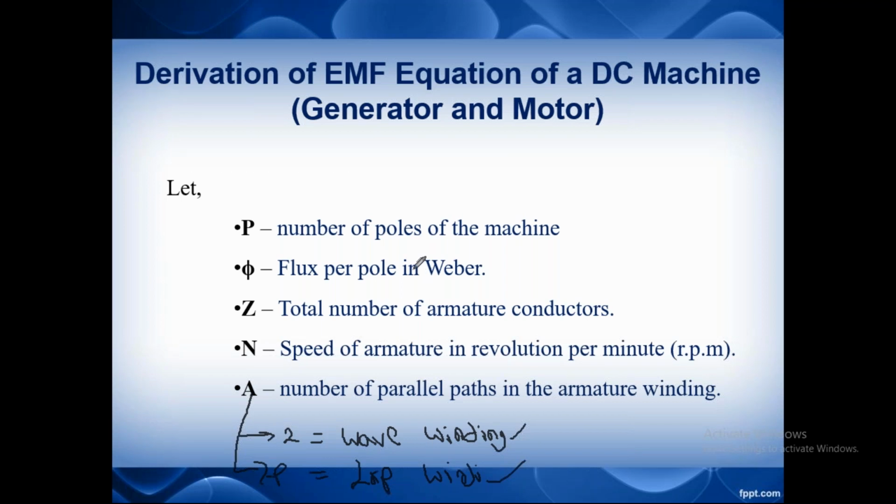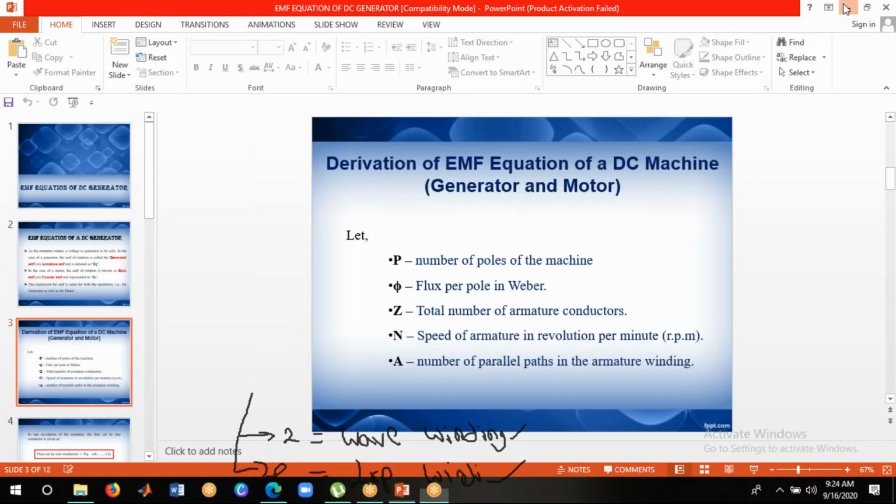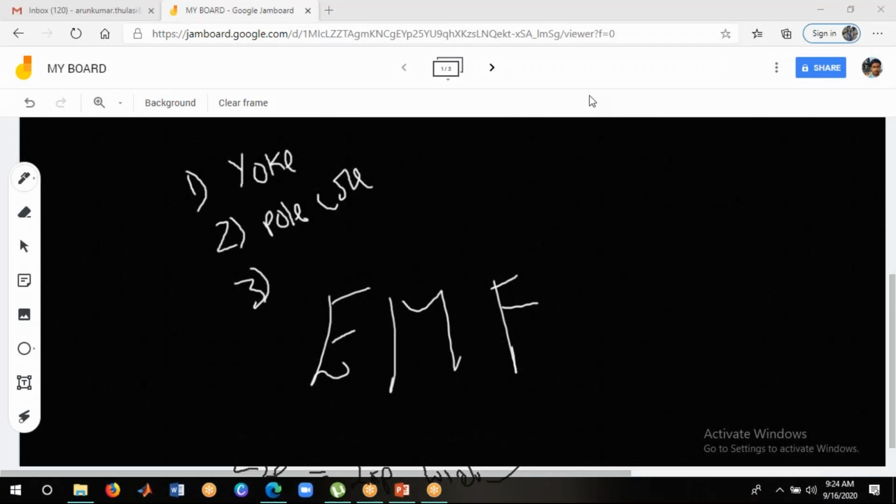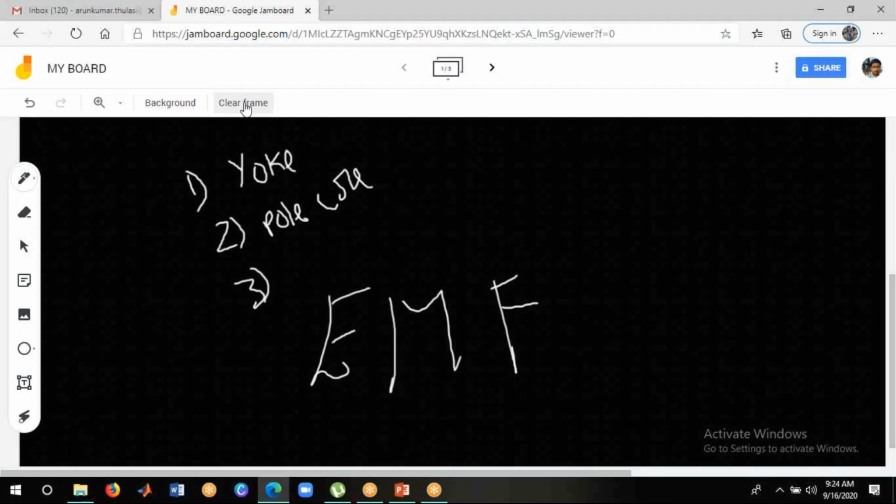Now I will show you how wave winding and lap winding will be. Let me take two wires. First, wave winding.